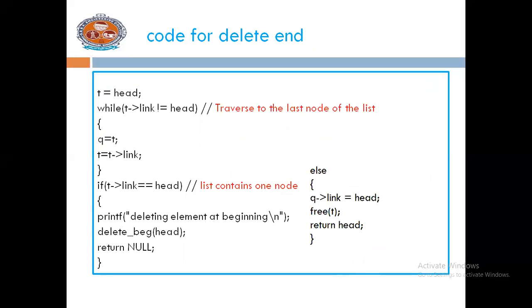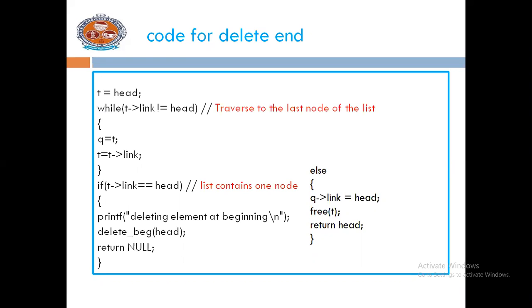Now the code for delete end. Here our task is to update the last node link pointer to point to the head node. So that's why we are assigning the head value to a temporary variable t. We are using a while loop to move from the starting point to the ending point.